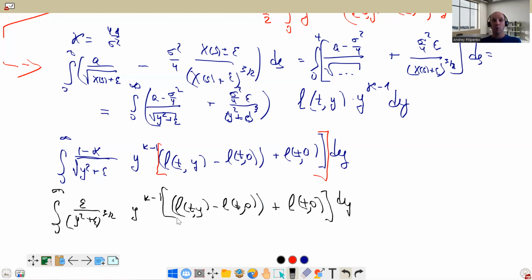And we want to pass to a limit as epsilon tends to 0.